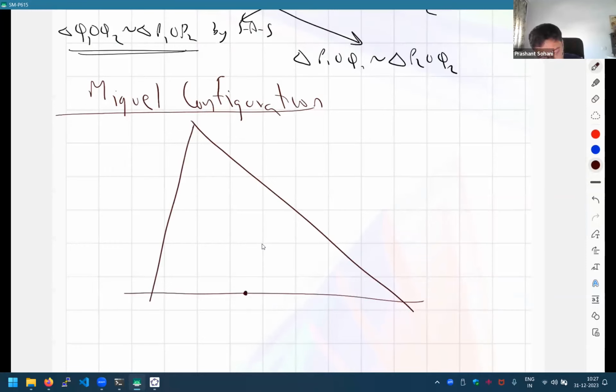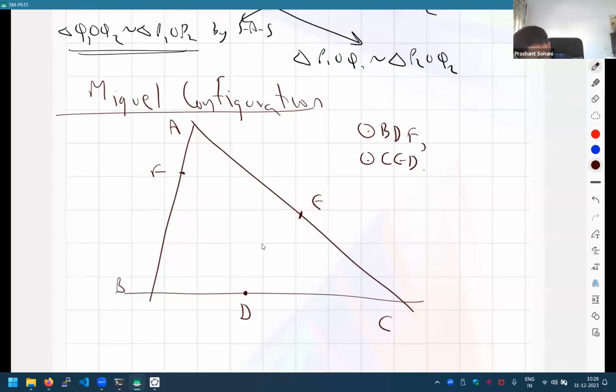What the Miquel configuration typically does is this. If you take any three points on the triangle, and you draw those circles, let me call them points D, E, F. Miquel's theorem says that circles BDF, CED, and AEF are concurrent.